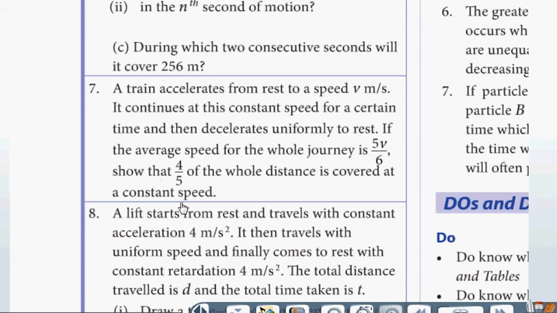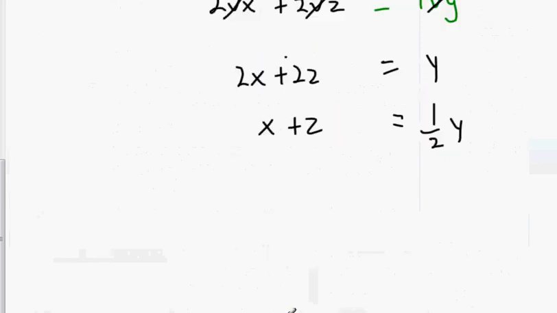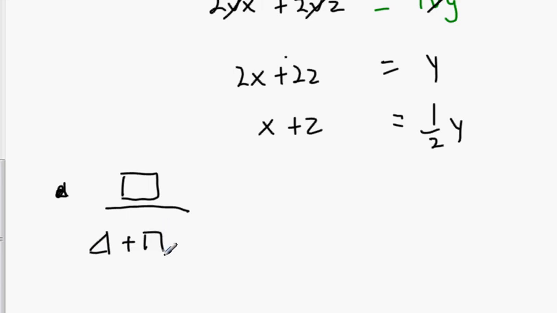What you're looking to prove is that the rectangle divided by triangle plus rectangle plus triangle is 4/5. You want to prove that your distance traveled at constant velocity divided by the total distance is 4/5. That's the aim. Okay?